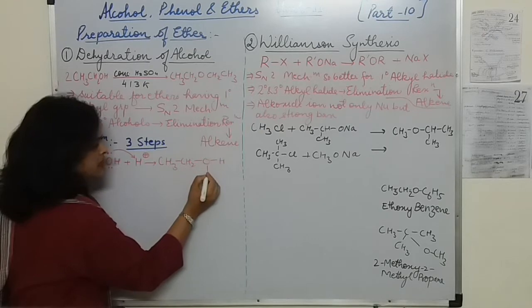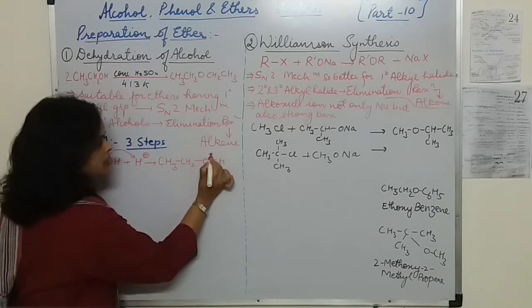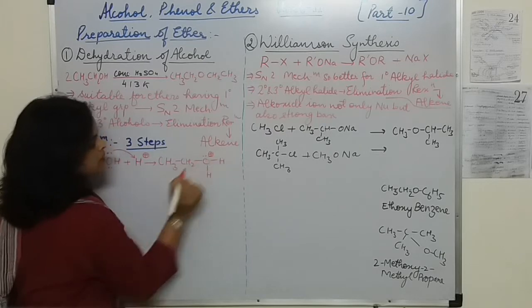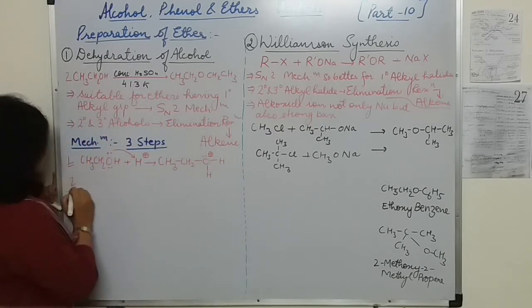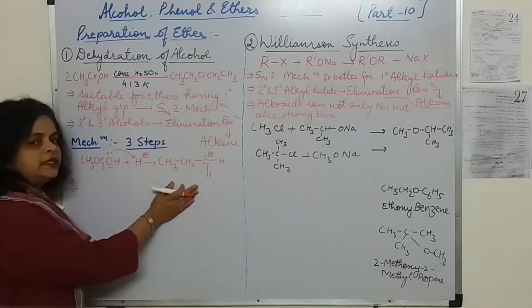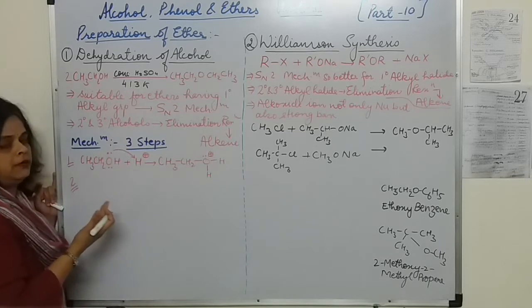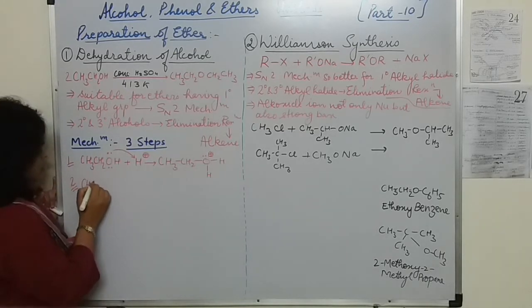That means one H gets attached to the oxygen, giving it a positive charge. This is also called an oxonium ion. Now, in the second step, students, this oxonium ion or protonated alcohol gets attacked by the nucleophilic attack of another alcohol molecule.